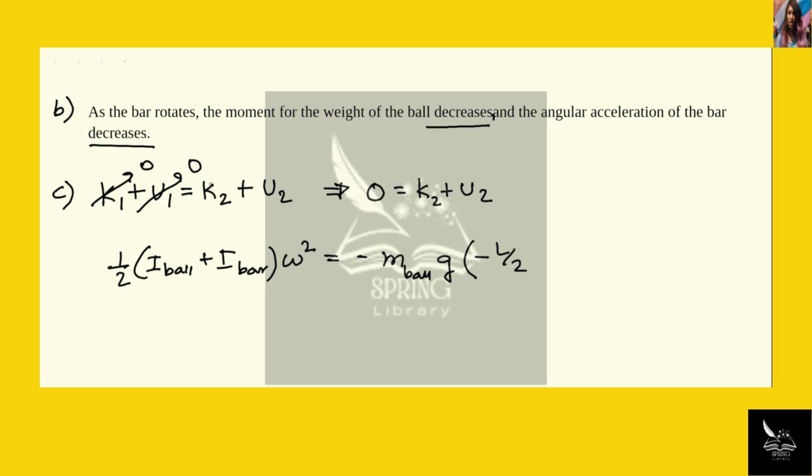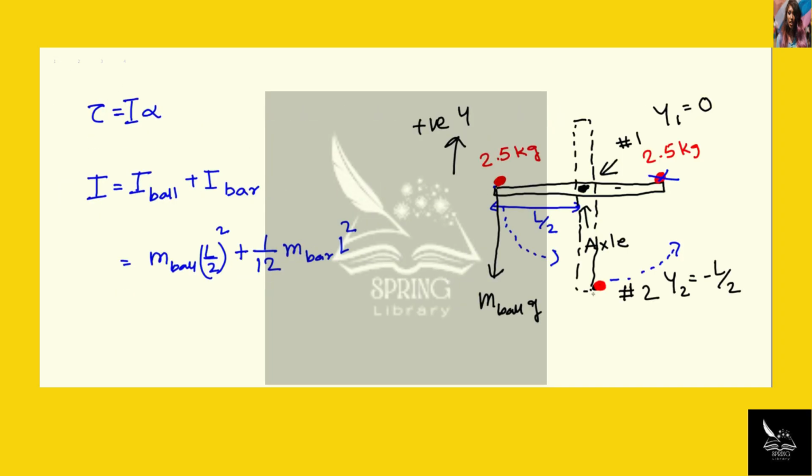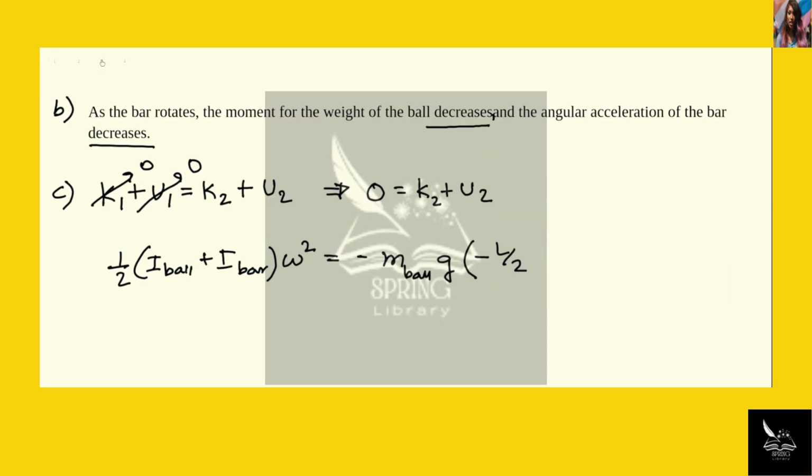But at the second point, when the bar is around here, we'll have both kinetic energy and potential energy. The potential energy will be the gravitational potential energy, but the kinetic energy will be due to the rotational motion.